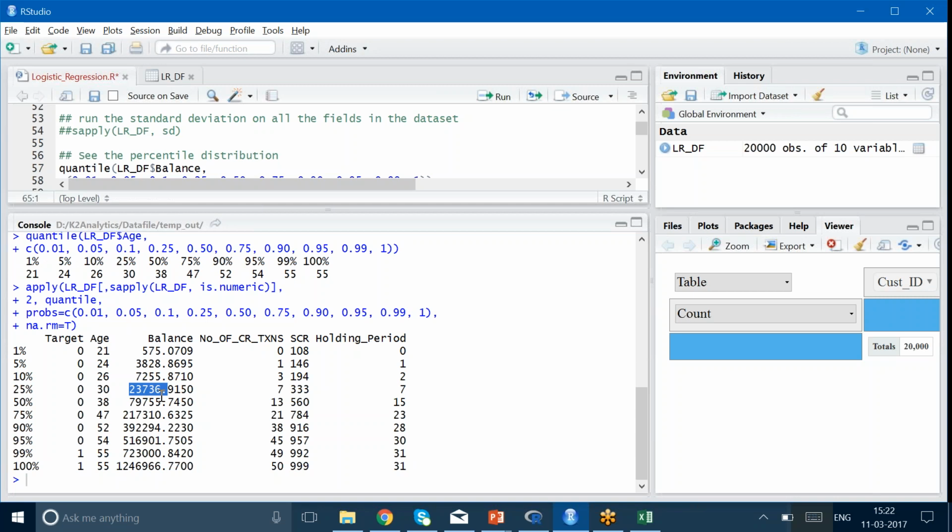So outlier treatment, I'm again repeating the word outlier treatment. Don't confuse outlier treatment with missing value imputation. Outlier treatment means there are values which are out of range. When the values are out of range, on the higher side we cap at P99.